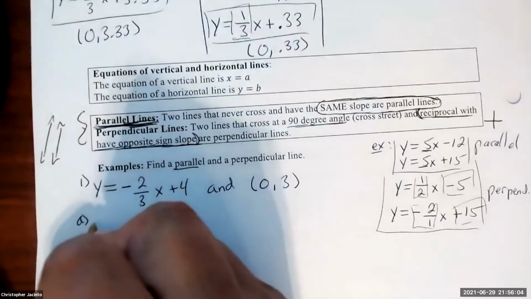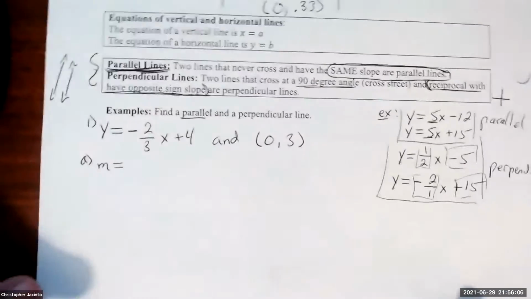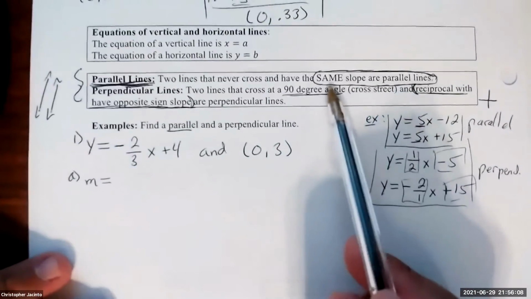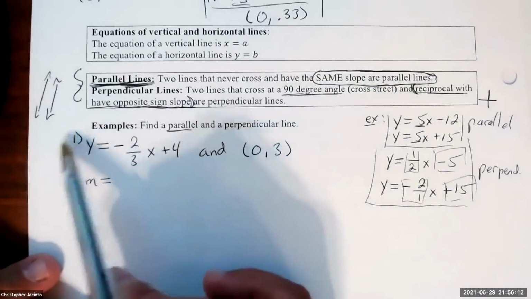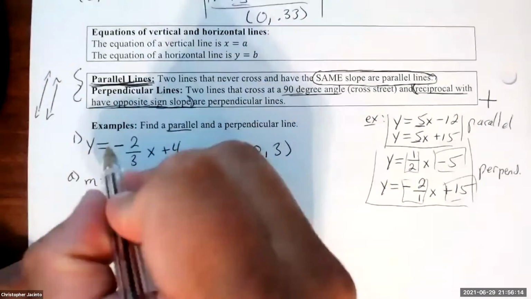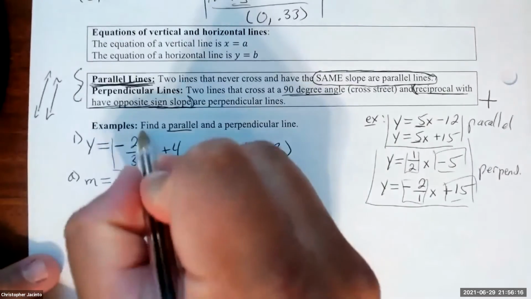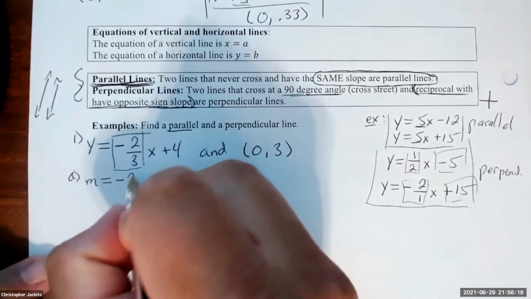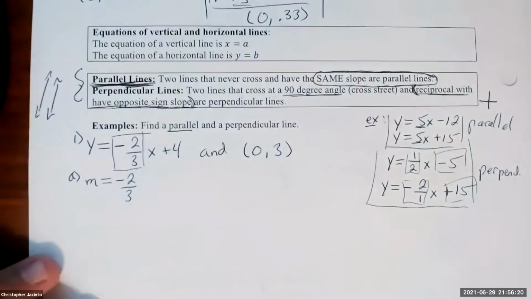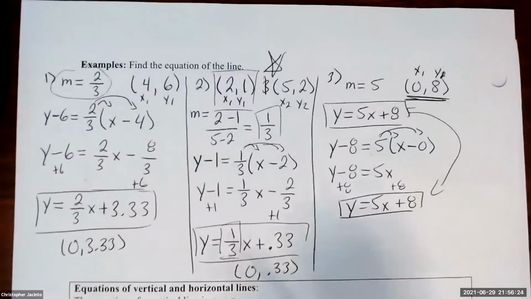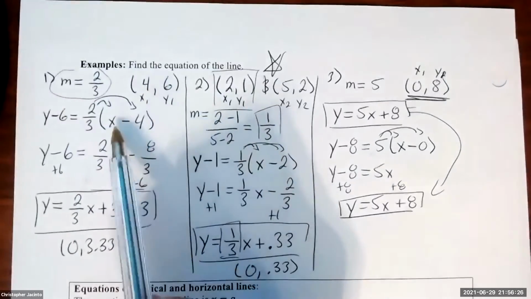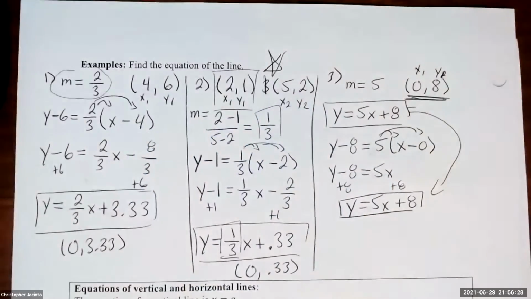Well, we've got to find the slope, m. But it says it is the same, so therefore it has to be the same as this line here. And we know the slope is exactly the number in front of the x. So that's negative 2/3. And there we go. So now it just goes back to a question like this: given a slope and a point, go ahead and find the line.